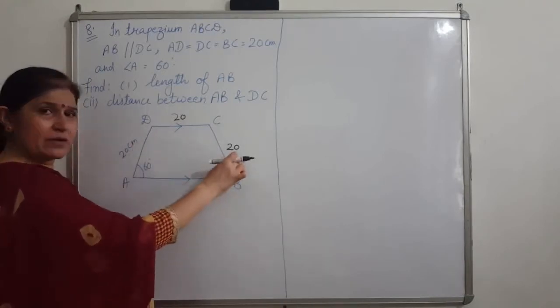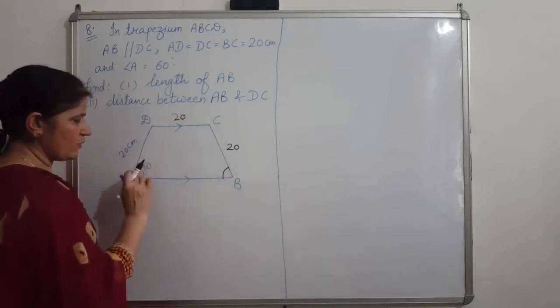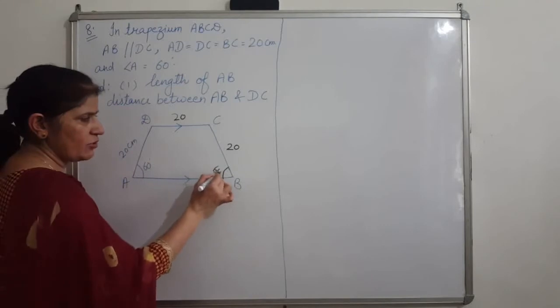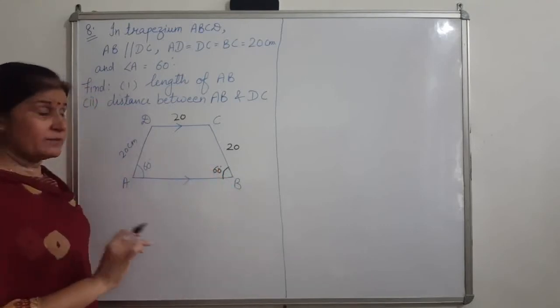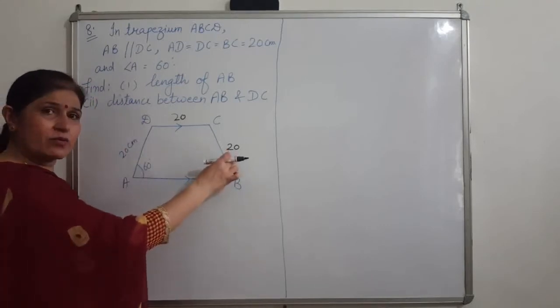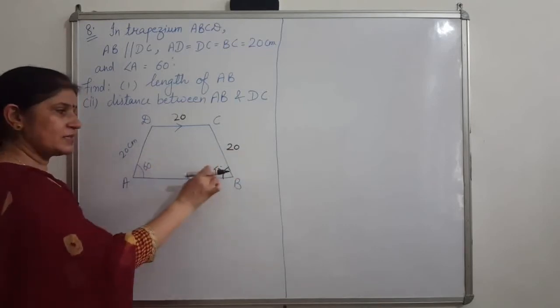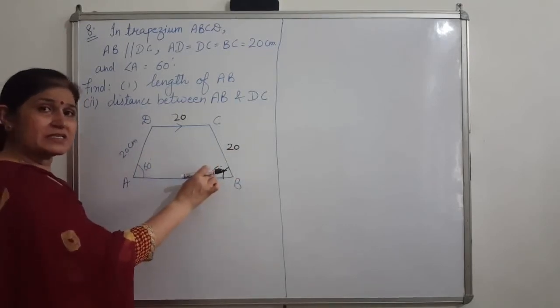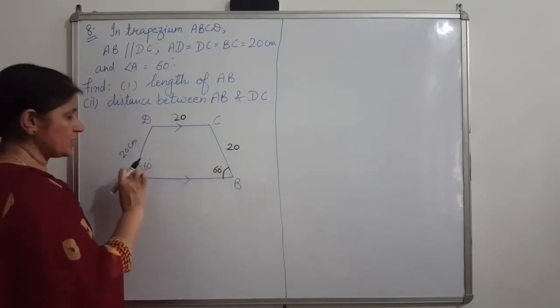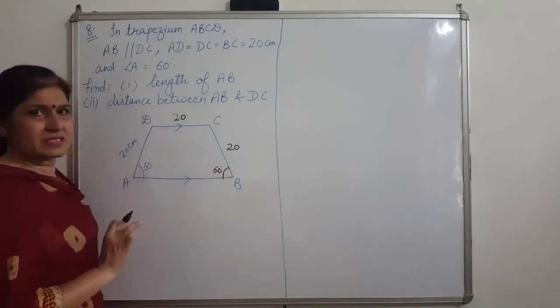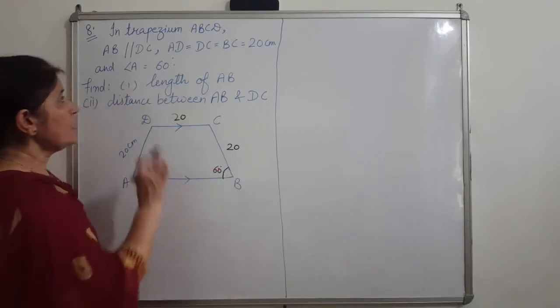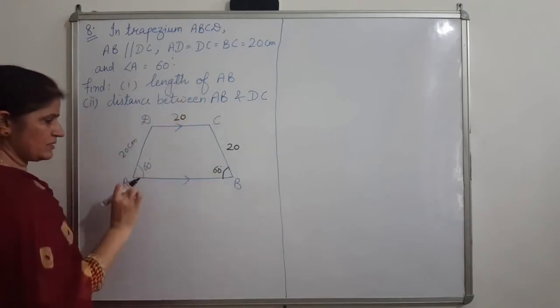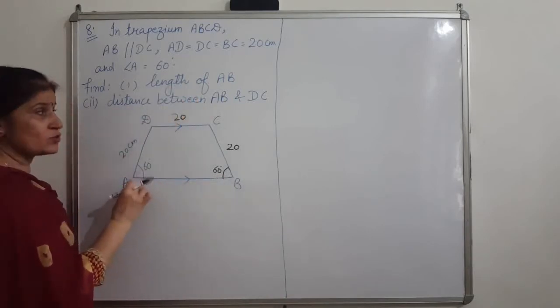Now when non-parallel sides are equal, that means it is an isosceles trapezium. And because of these equal sides, the base angles will be equal. If it is 60, then this will also be 60. I repeat, when non-parallel sides are equal to each other, then the angles are also equal, because it is an isosceles trapezium. That's why angle B is also 60 degree. Understood till here? You have to find the length of AB, means this full length. So what we will do?